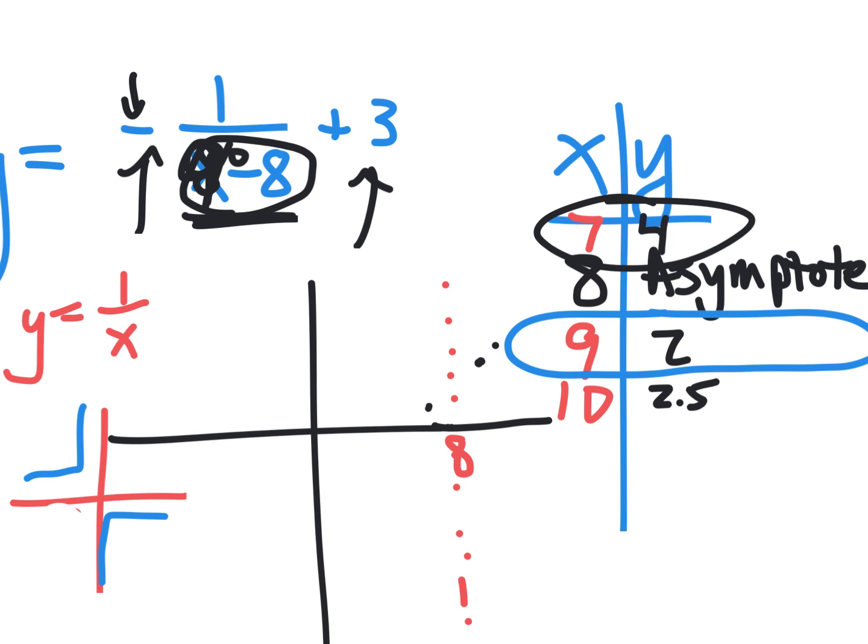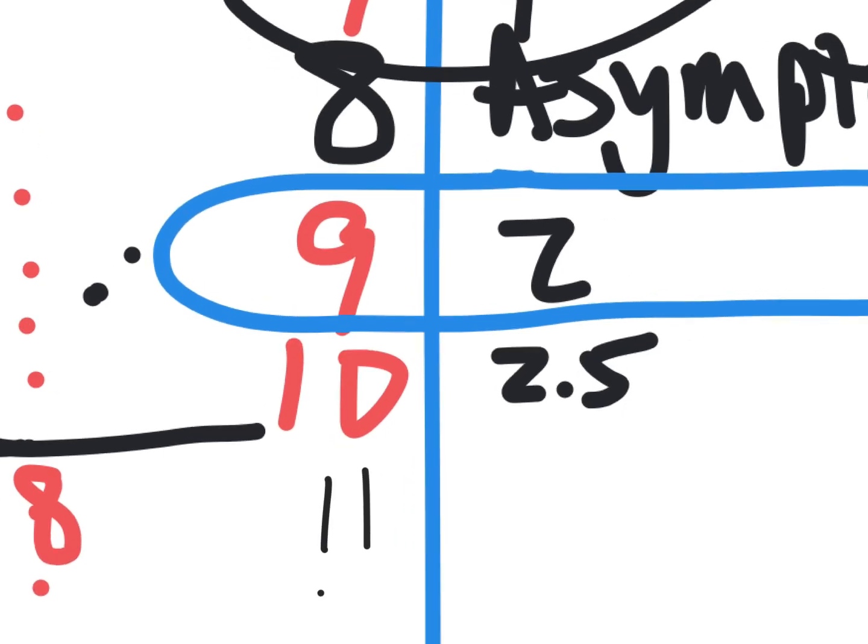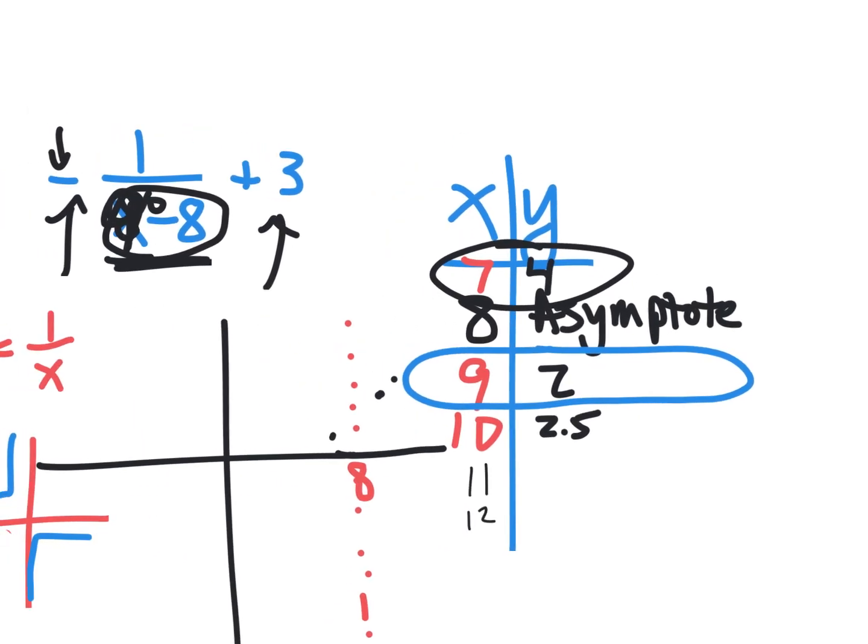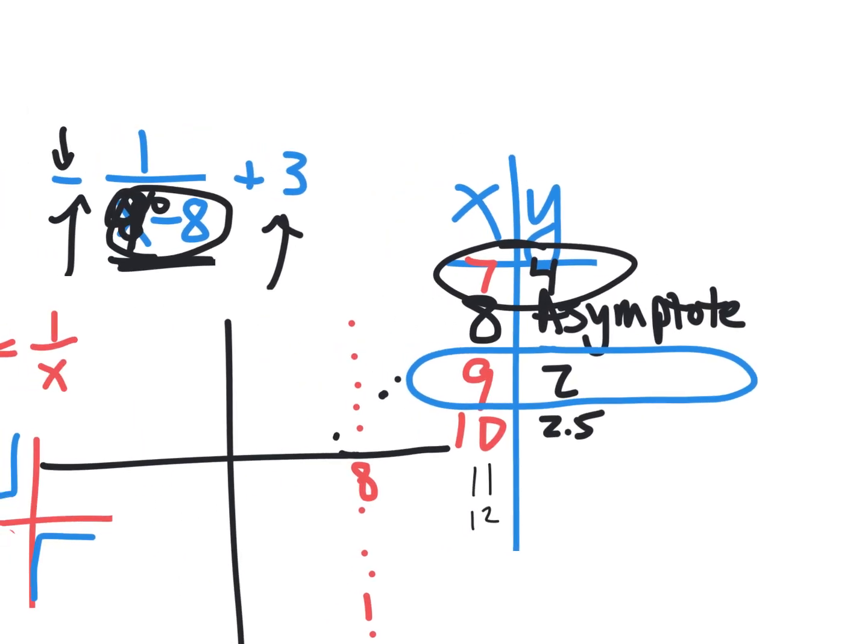Ah, I need more dots. I'm putting in 11, putting in 12. Did anybody put in 11 already? Okay. So I'm going to put in 11 here. 11 minus 8 is 3.